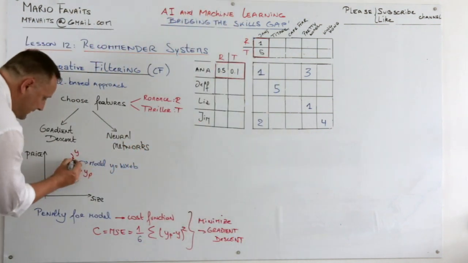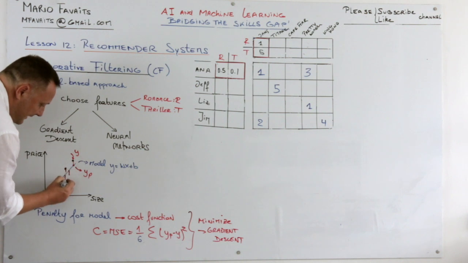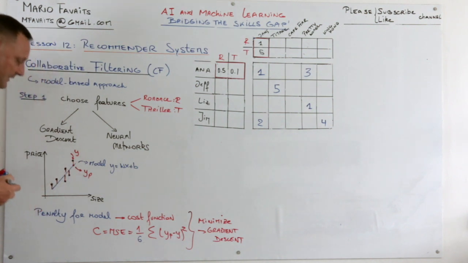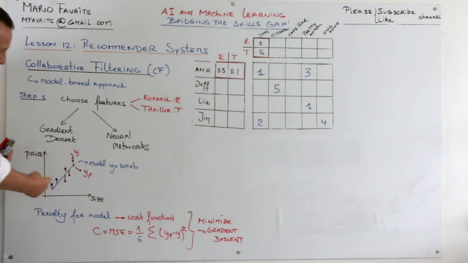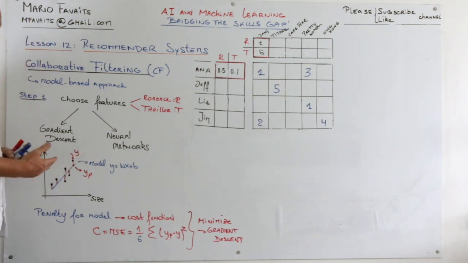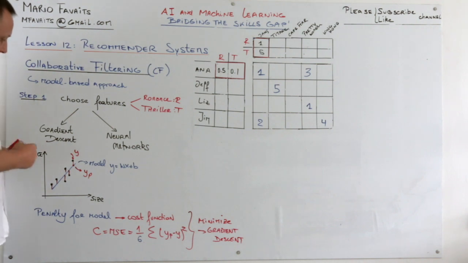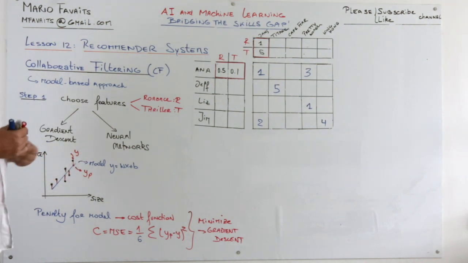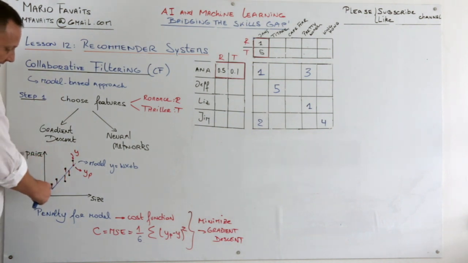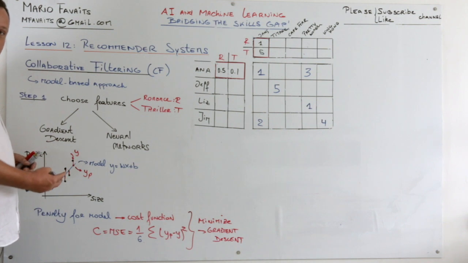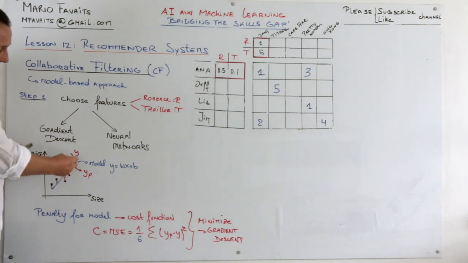These are the prices and the sizes of the houses that we found that were sold in the past few weeks. Now we decided that we want to have a linear model. Yeah? That has a consequence. So you as a data scientist, you choose the model, that has a consequence. The consequence is that there's no line that goes through these 6 points. So you will need to find the best line.